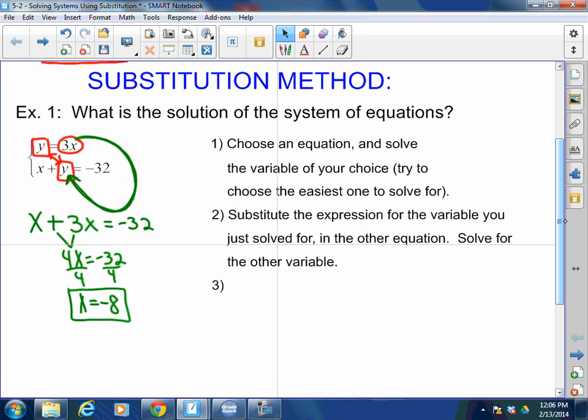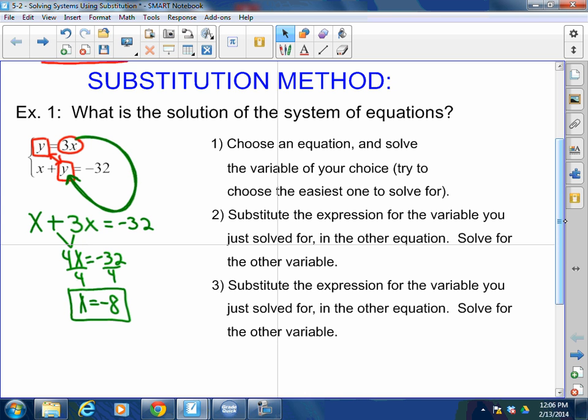Okay, let us continue. Step 3. Substitute the expression for the variable you just solved for into the other equation now and solve for the other variable. Do you see now how x equals negative 8?